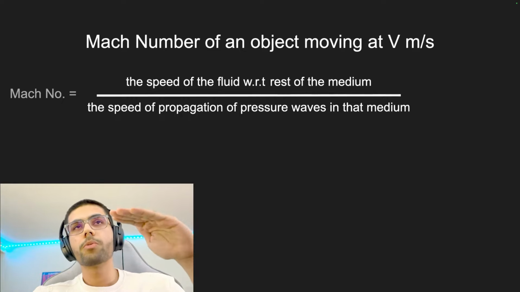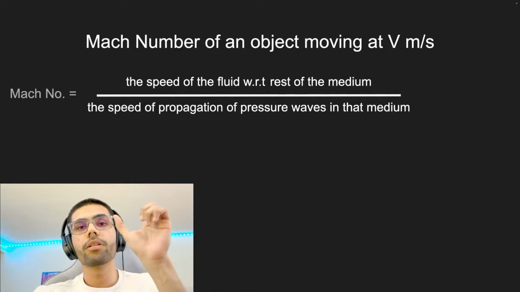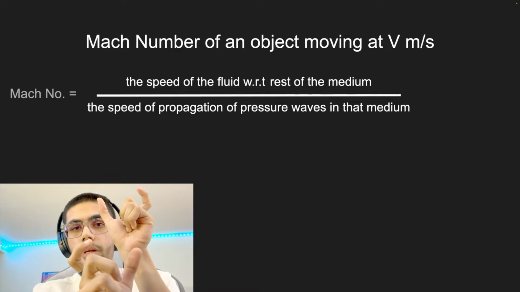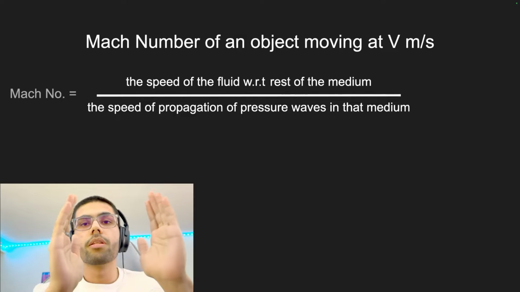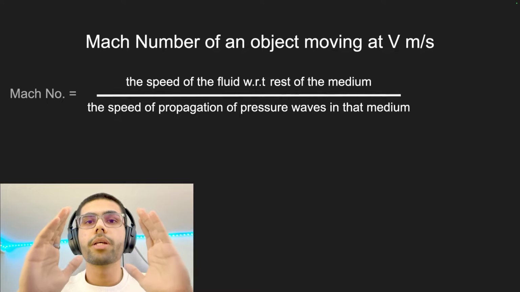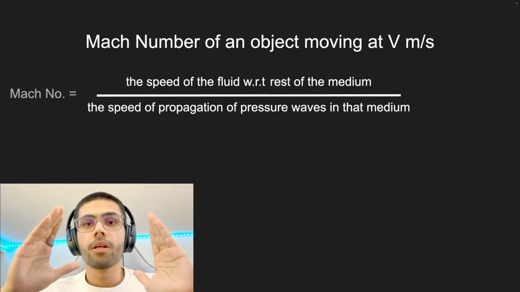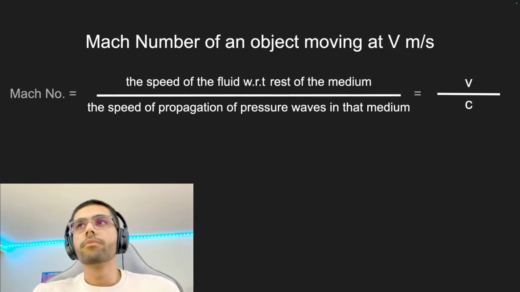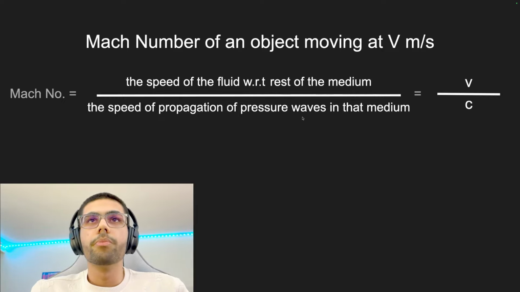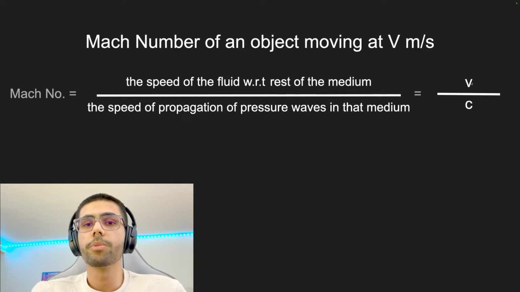If you divide the speed of the object by the propagation speed of the pressure waves, you get the Mach number for that object. That object could be the air itself, or something like an aircraft. We denote the speed of propagation by c, and the speed of the medium or the object by v.